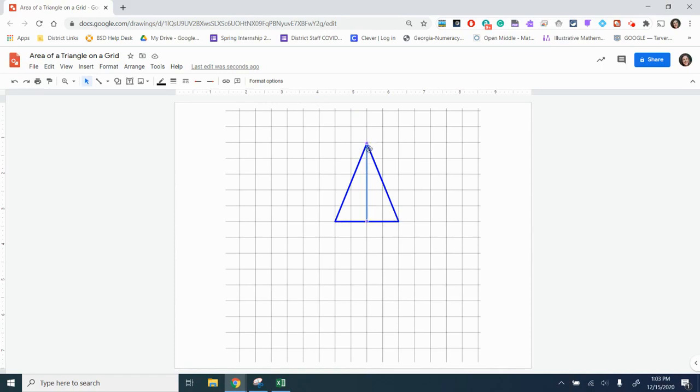So now I could use the strategy of composing rectangles around my right triangles. So I want to go ahead and do that. So I have a rectangle here around this right triangle, and I can compose another one.